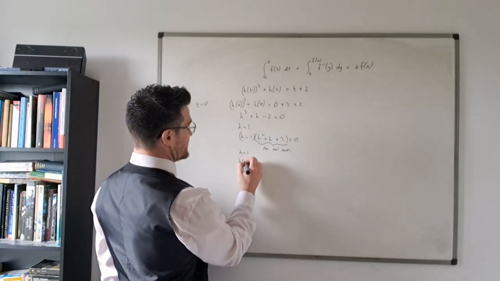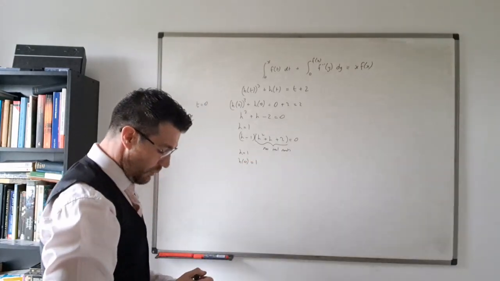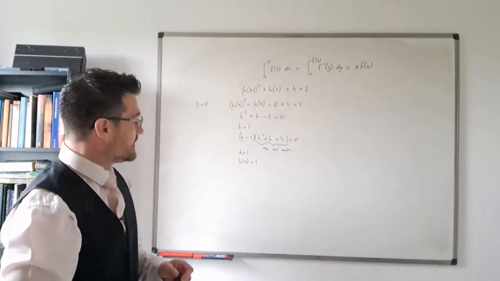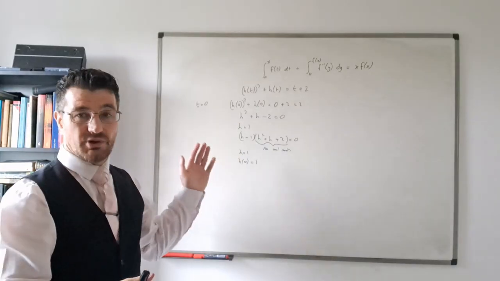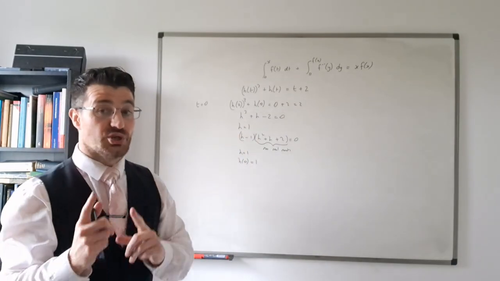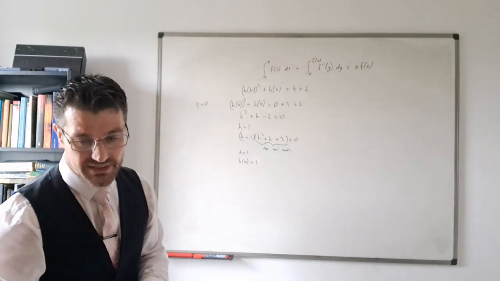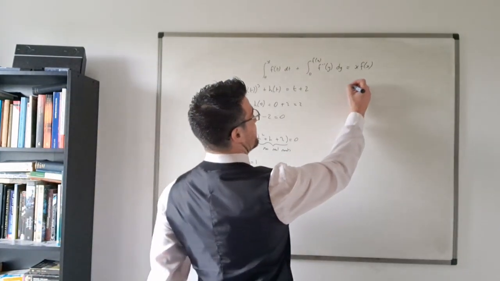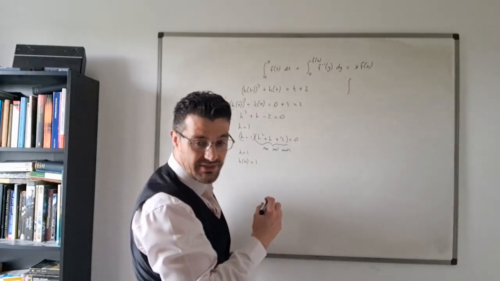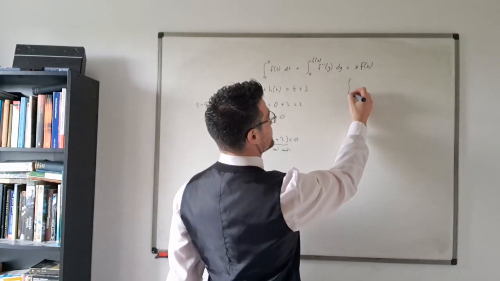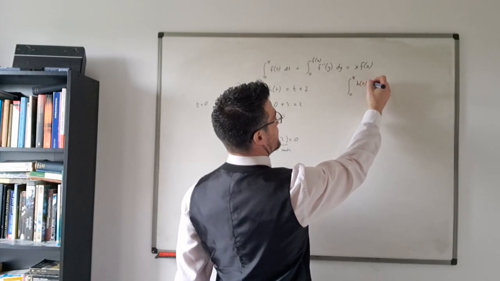So that means that h of 0 is equal to 1. Notice how similar that is to what we did with g, but it was g of 2 that we were working with. Oh, by the way, what we're trying to evaluate here, maybe I should write that up. We're trying to evaluate this integral, 0 to 8 of h of t dt.